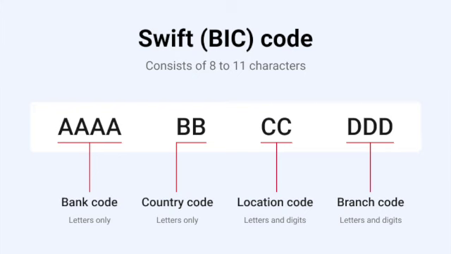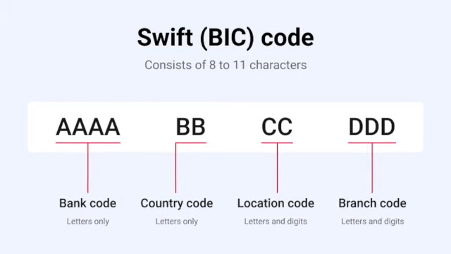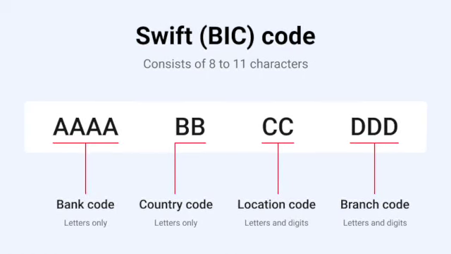Well, the code is assigned using the following criteria. The first 4 characters are the institution code. So each bank has a specific code because they are part of the SWIFT system.